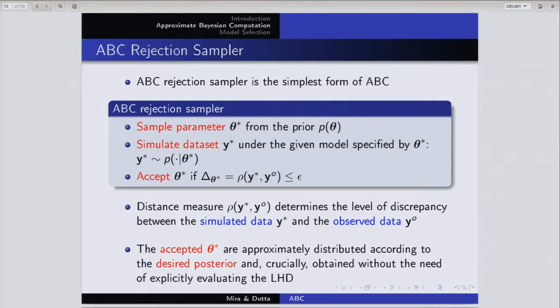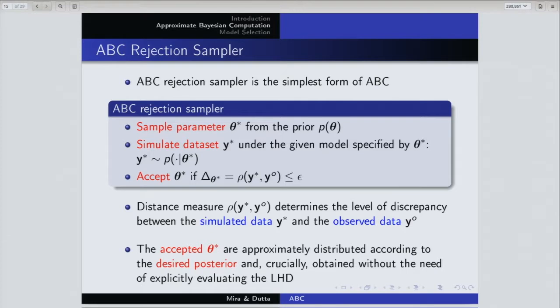As epsilon goes to 0, as we shrink this ball centered around the observed data further and further, the approximation becomes more and more precise. And crucially, this approximation to the posterior distribution is obtained without the need of evaluating the likelihood. We've never used the fact that we need to evaluate the likelihood at any given point.